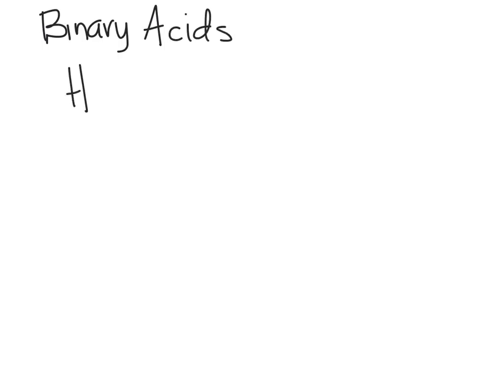Now, if we have binary acids, that means there's only two elements. We do not have polyatomic. These are fairly simple. Again, you need an H and an AQ. Yes, these are your hydros. I think that's what you were talking about.